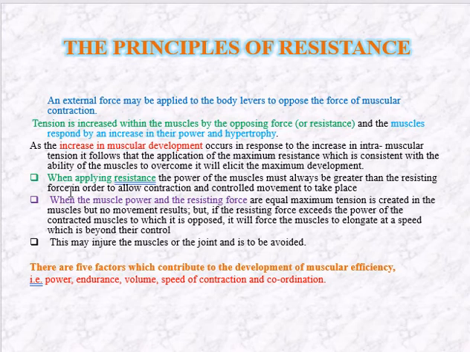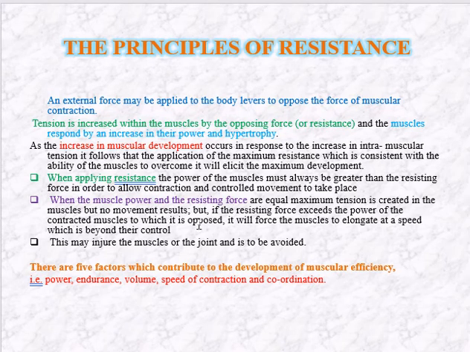Look at these points. Whenever we apply resistance, the power of the muscle must always be greater than the resisting force. When the muscle power and resisting force are equal, maximum tension is created in the muscles but no movement results.